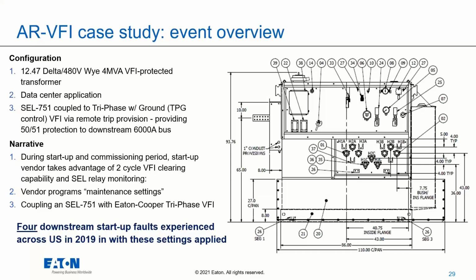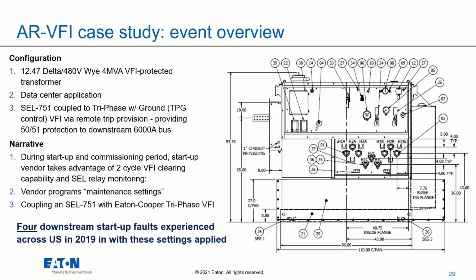And in this application, it was a data center, and the customer had actually experienced a few different types of startup issues, and really no fault of their own. But it's common for issues to happen in this type of application during startup, just because of the different variables and settings, and the system has never really been energized.